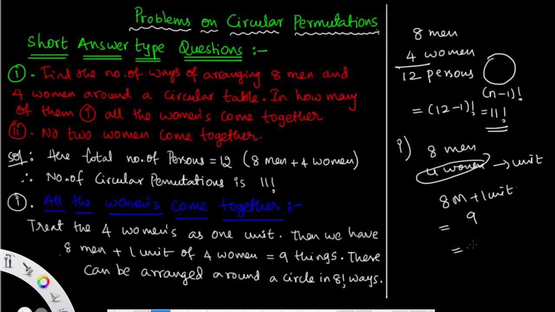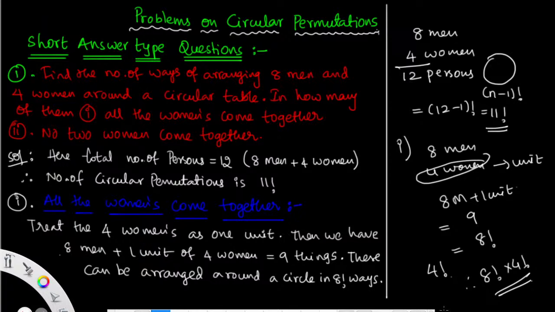These 9 objects can be arranged in the circular way, that is 8 factorial ways. Then the 4 women need not be in the same order, so internal arrangement happens. Internal arrangement of 4 women is always 4 factorial ways. Therefore the total arrangements are 8 factorial into 4 factorial ways.